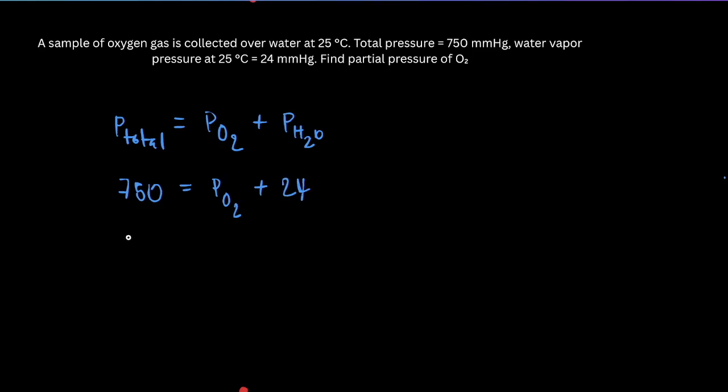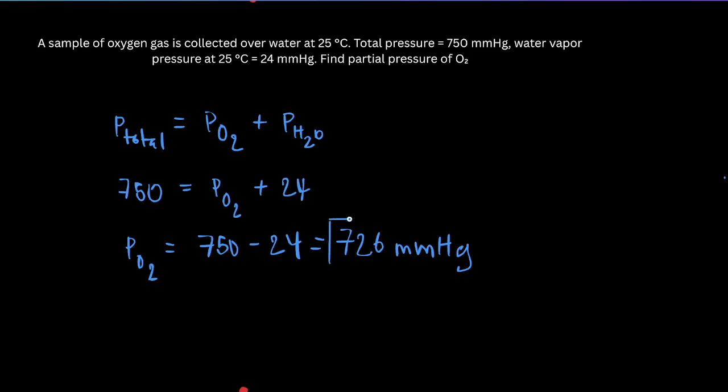So we now know that our partial pressure of oxygen is just going to be 750 minus 24, or 726. And so this is going to be the answer here.